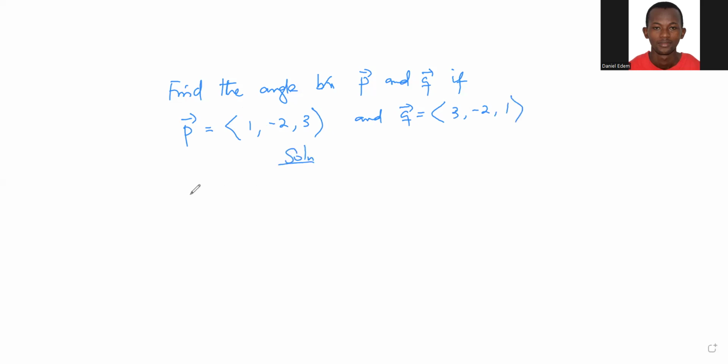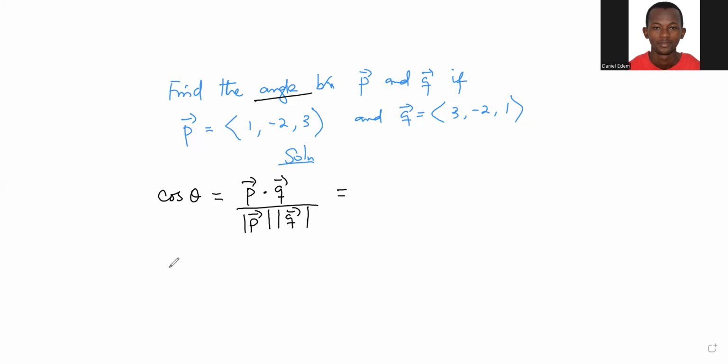So you have to find the angle. Don't forget that. So your cos theta, you know, is the dot product of your P and your Q divided by both of their magnitudes. So we need to find the dot product first.